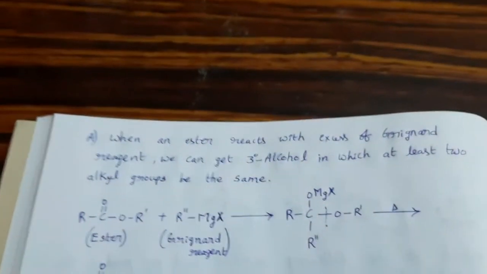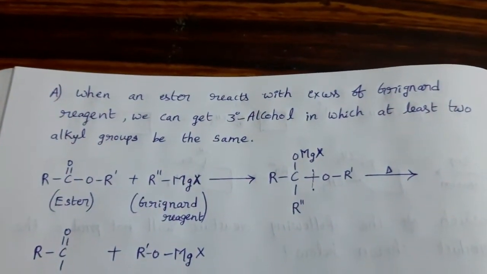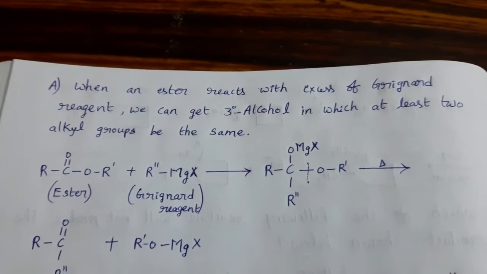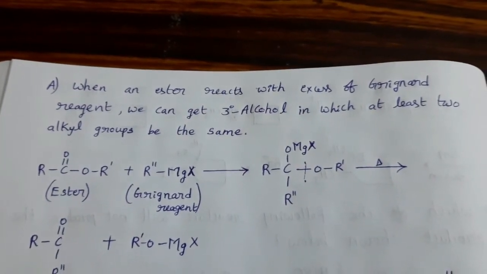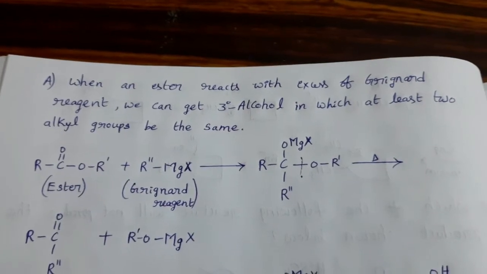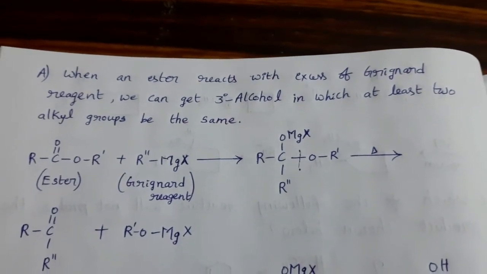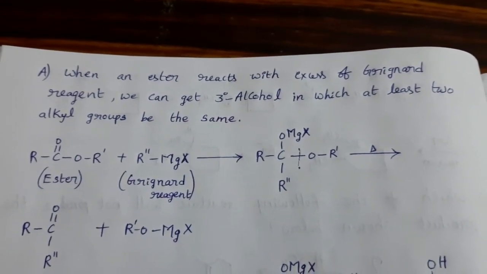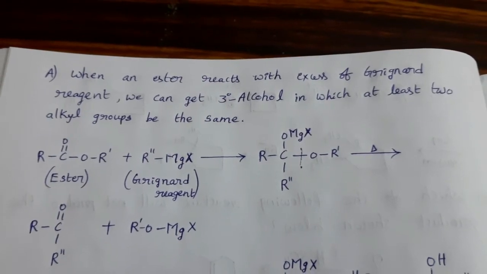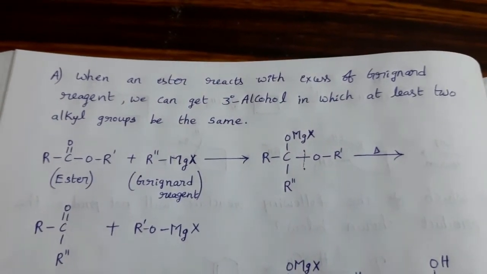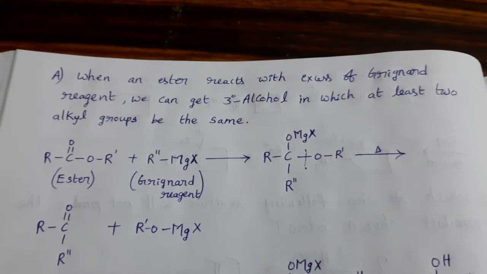Okay. Say this. When an ester reacts with excess of Grignard reagent, we can get tertiary alcohol. In that, at least 2 alkyl groups must be the same. So remember this condition.